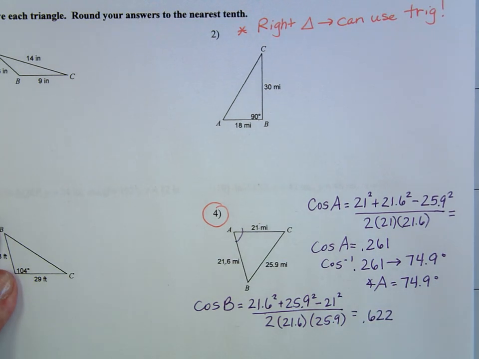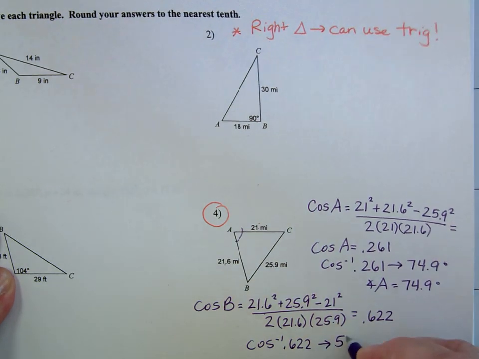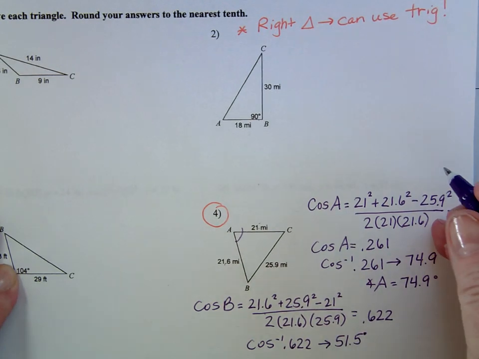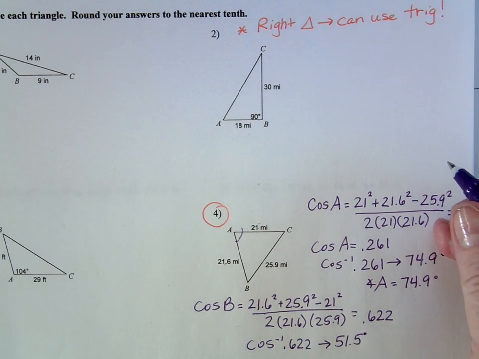So you go to your handy dandy calculator and you say, all right, what is cosine to the -1 of 0.622? And out pops the reference angle of 51.5. All right, so 51.5 degrees.